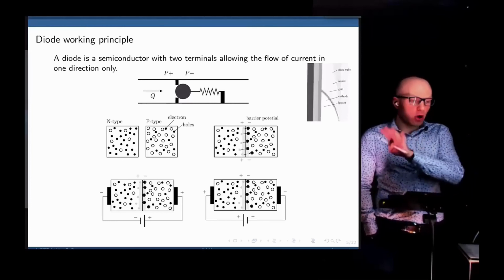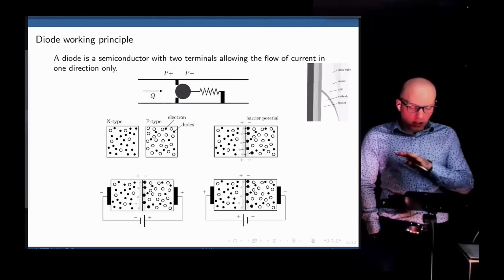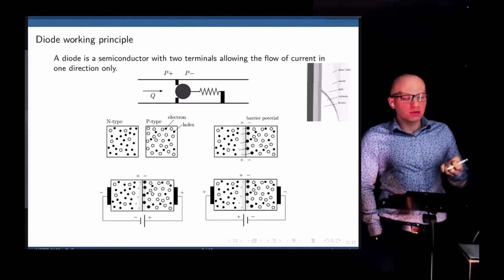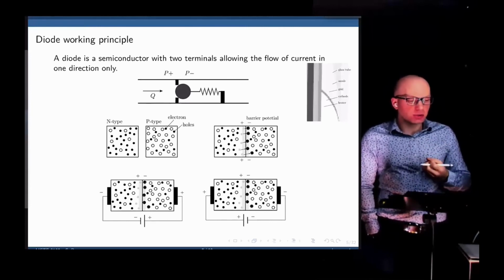We have what we call an N-type and a P-type side of the diode. On the N-type, we're going to add additional electrons and have free electrons in that side, creating a negative charge.